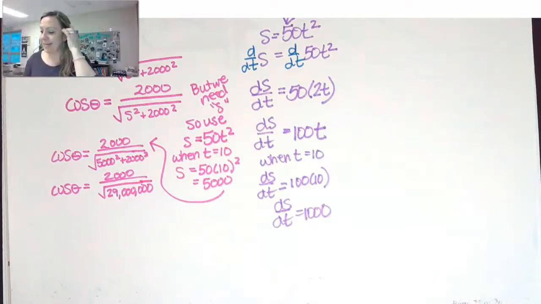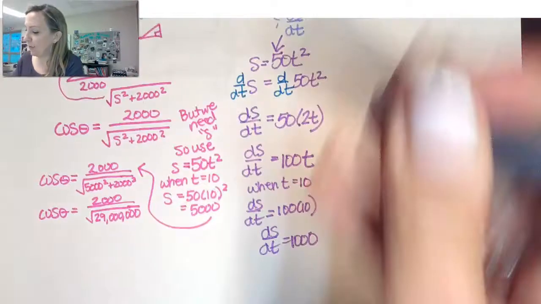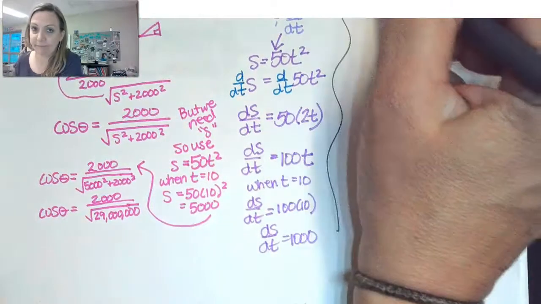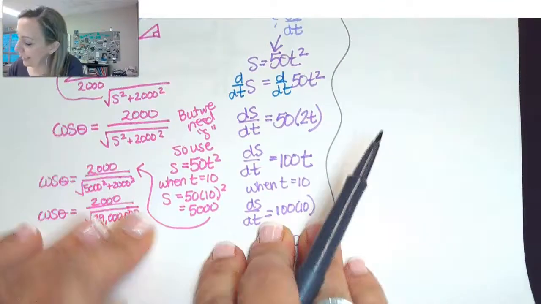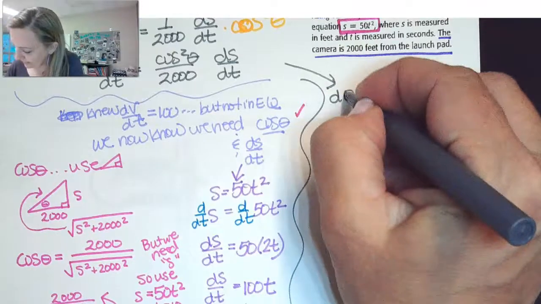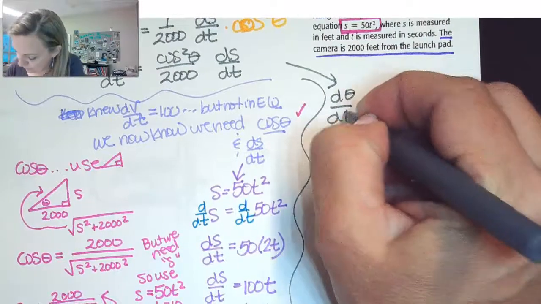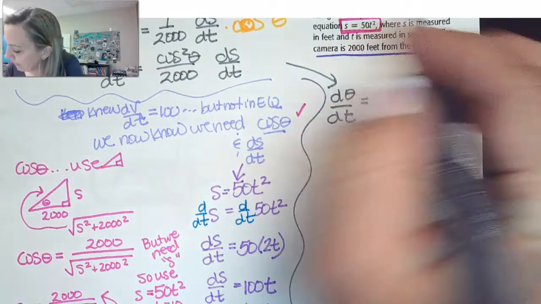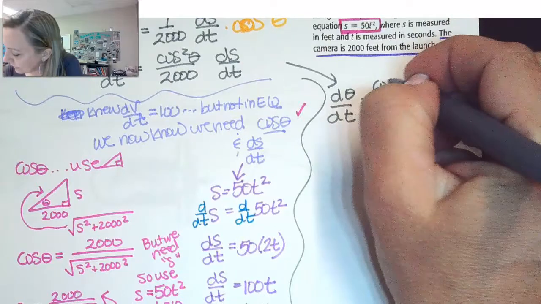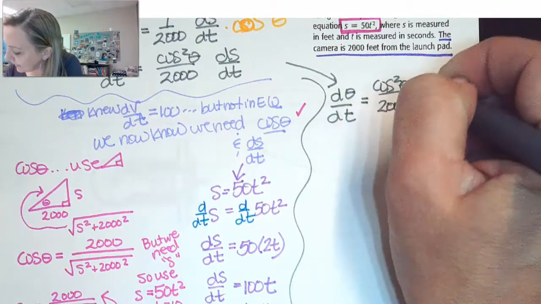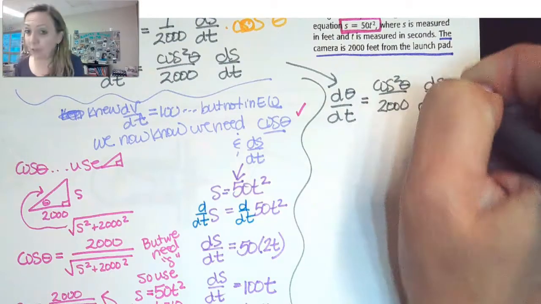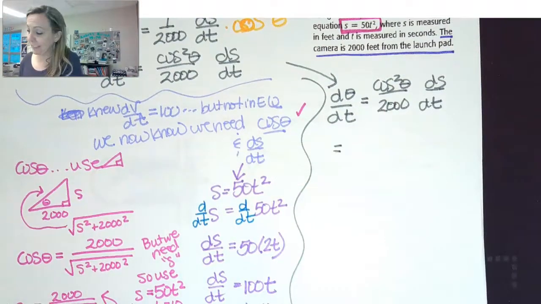And so now that we have that information, we can put all that together. Again, we said that d theta dt was going to be, I'll write it again, cosine squared theta over 2,000 times ds dt. So now let's put those pieces that we just found in.